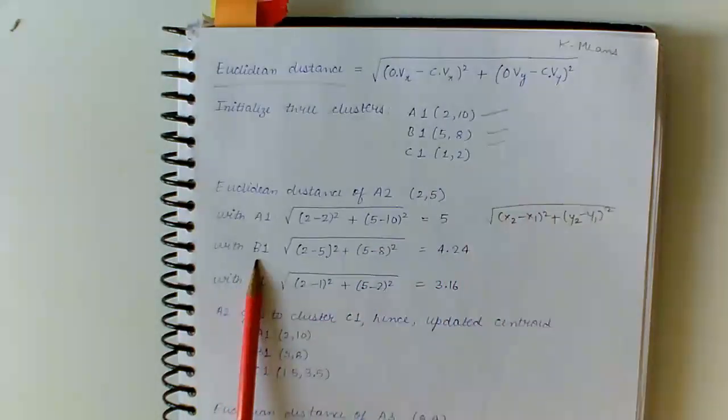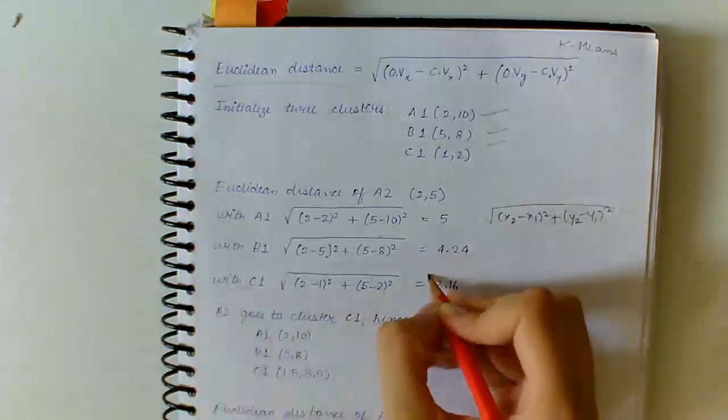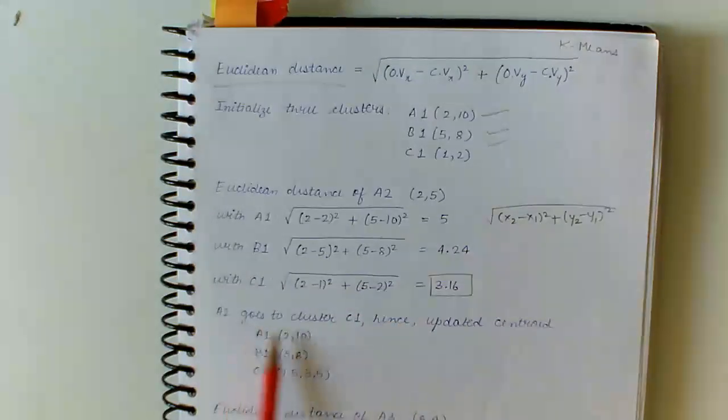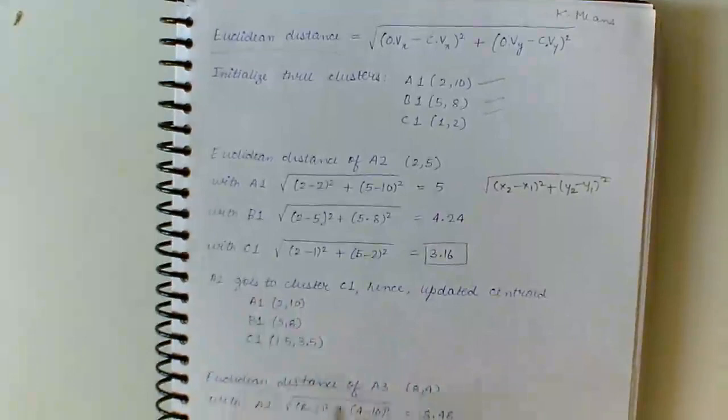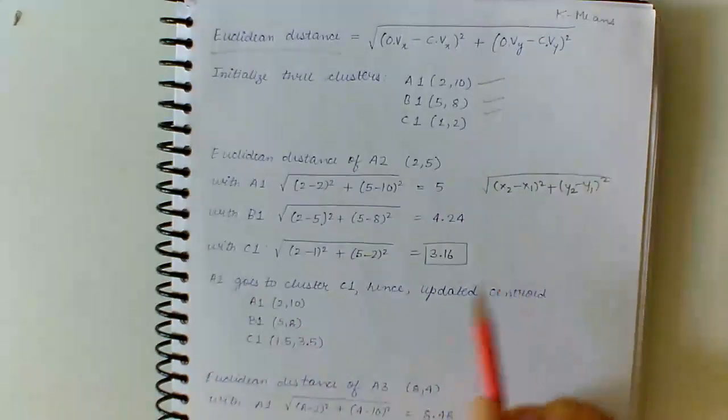So that is what we have done here, and this comes out to be 5. Now similarly for B1 it comes out to be 4.24 and for C1 it comes out to be 3.16. As A2 is closest to C1, A2 goes to cluster C1, hence updated centroid.